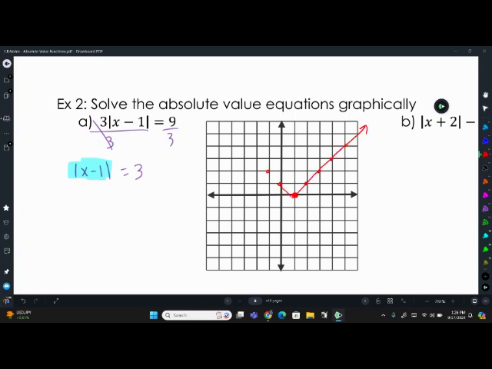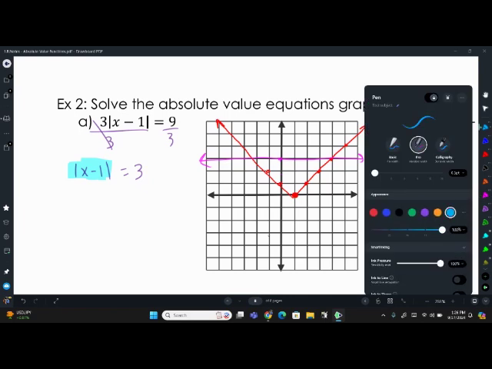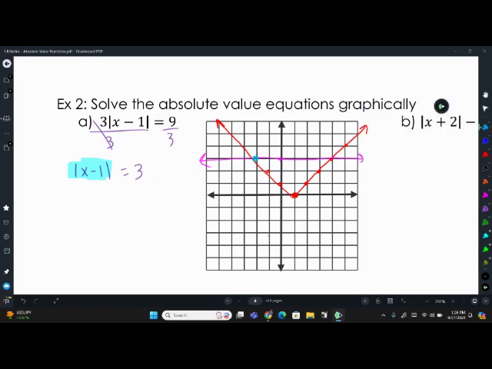So then we graph it just like this, and then y equals 3, 1, 2, 3. So your solutions should have been right here at -2, 3 and +4, 3. So those would be your two solutions to that one.